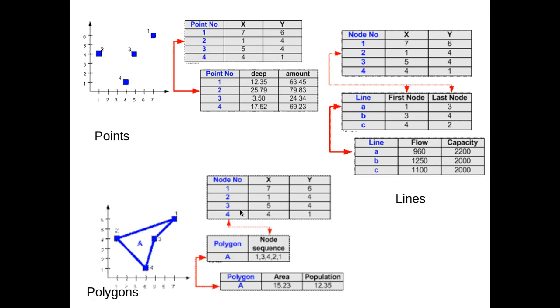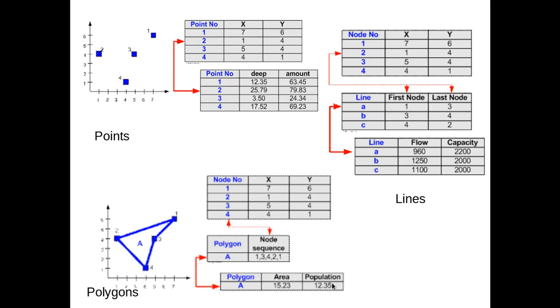In this case, as you can see, any node 1, 2, or 3 can be grouped in one polygon, and that polygon can have any specific attribute that we want, such as the area or the population. Using this type of structure is how a geographical information system models the real world objects.